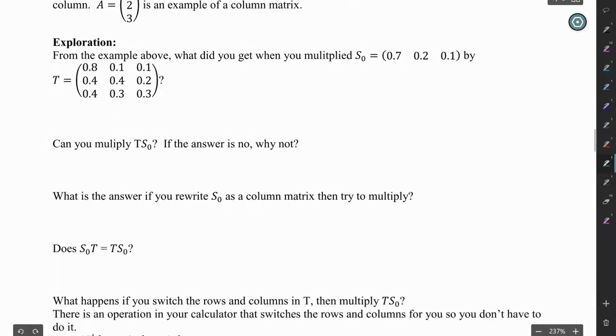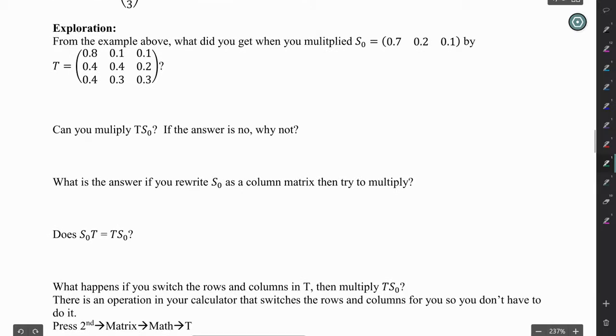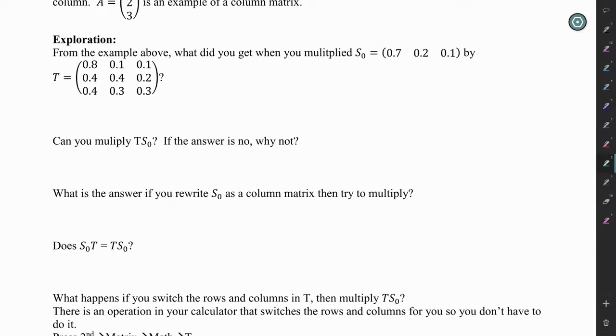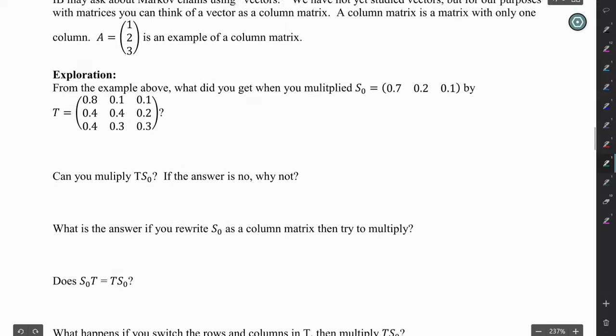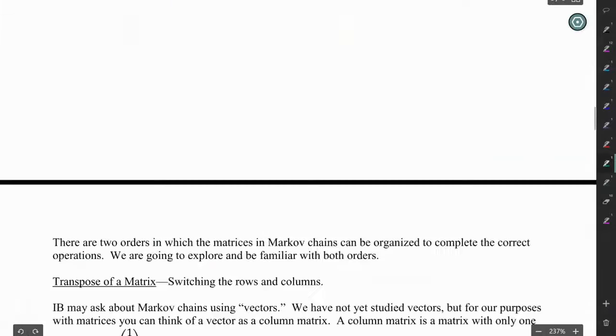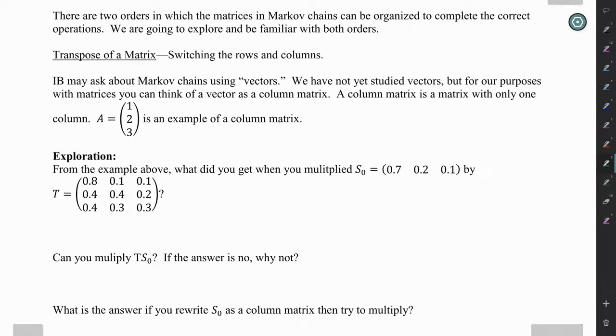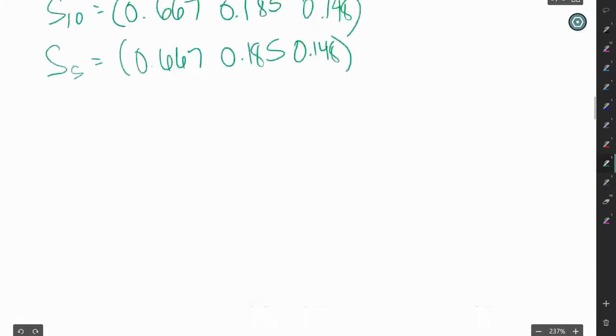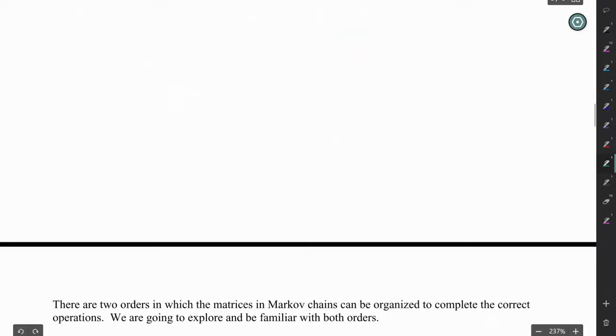So we're going to do a little bit of an exploration. From the example above, what did you get when you multiplied the steady state by the transition matrix? If I scroll back up there, it was 0.68. The next one was 0.18 and 0.14.